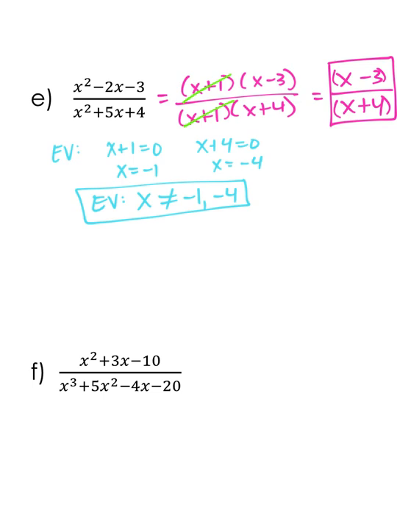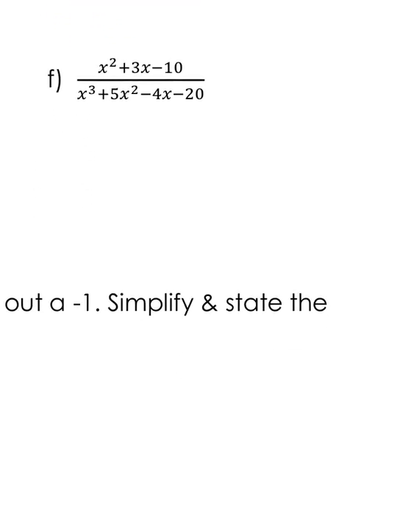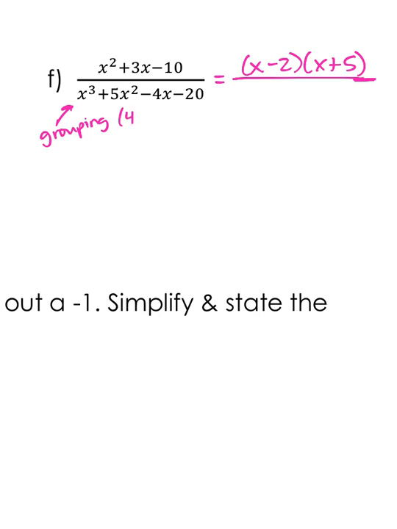All right, for F, once again, I'm just going to factor these. So this is going to be x minus 2 and x plus 5. On the bottom, we're going to use grouping because there's 4 terms, just kind of as a reminder.